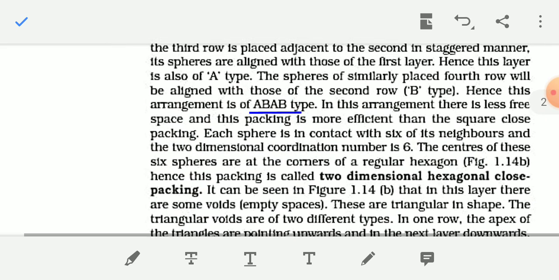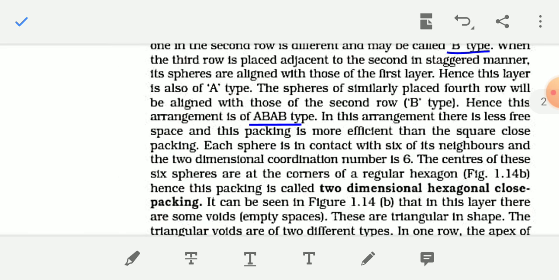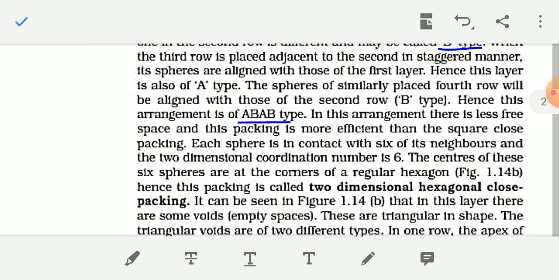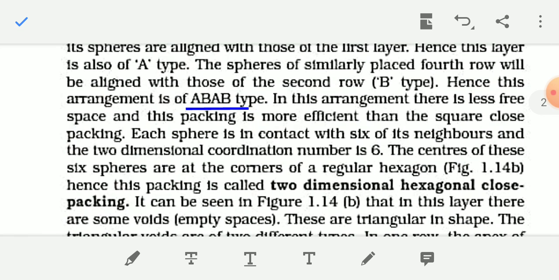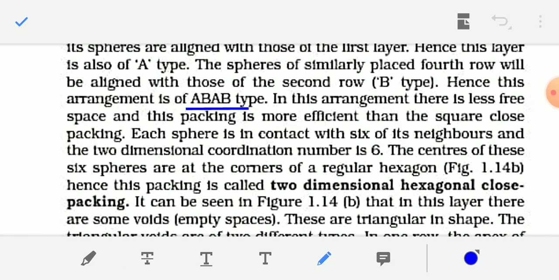See, in this arrangement, in two-dimensional hexagonal arrangement, there is less free space, and this packing is more efficient than two-dimensional square close packing. Each sphere is in contact with six neighbors.